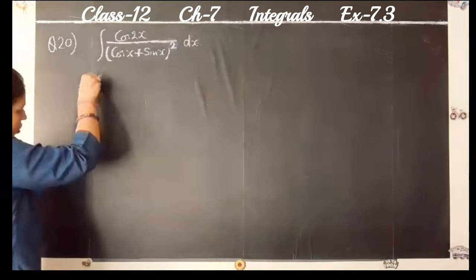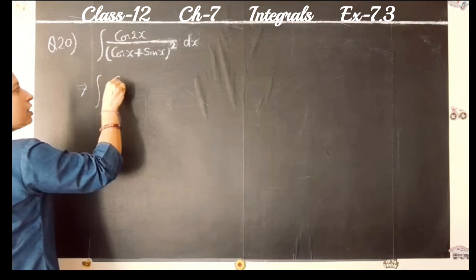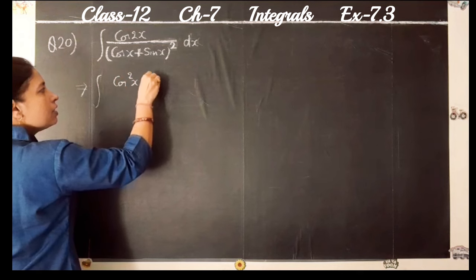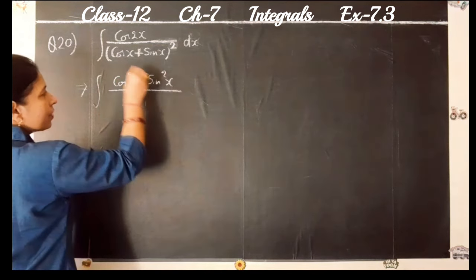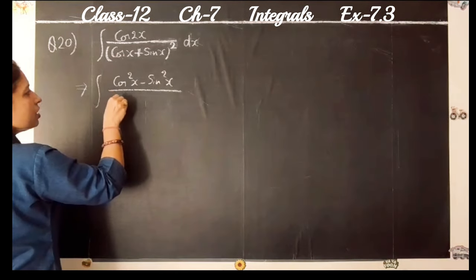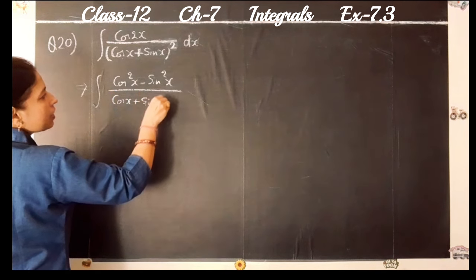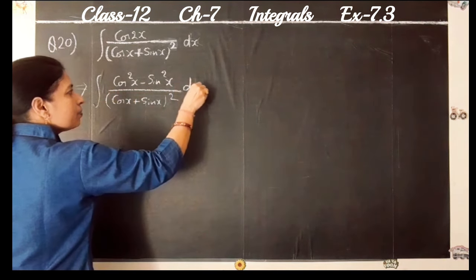So use this identity here. In place of cos 2x, write cos square x minus sin square x, and write the denominator as it is, cos x plus sin x whole square, dx.